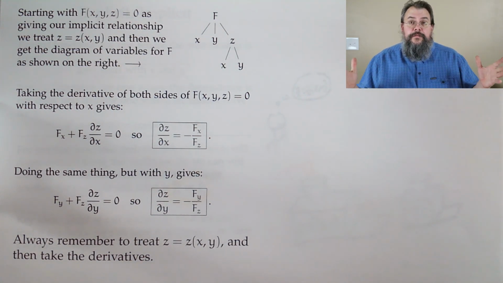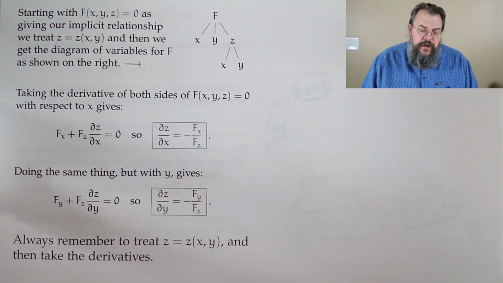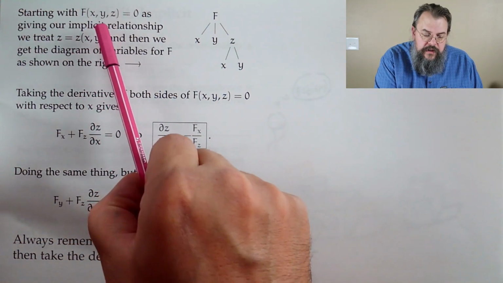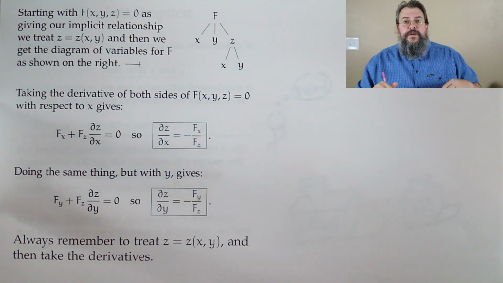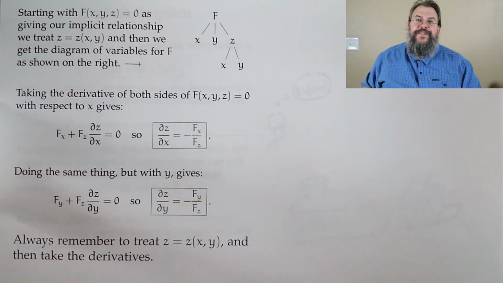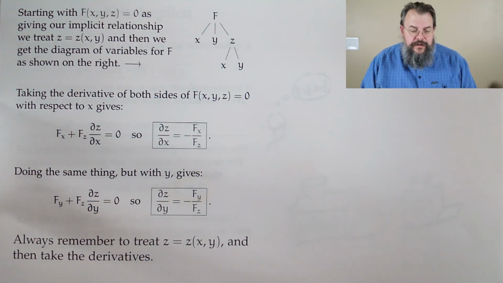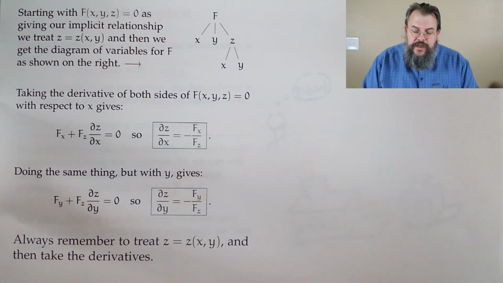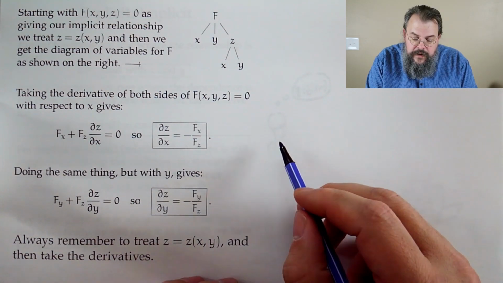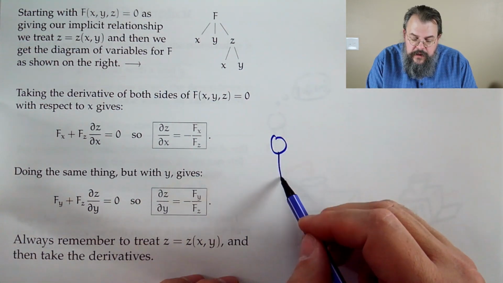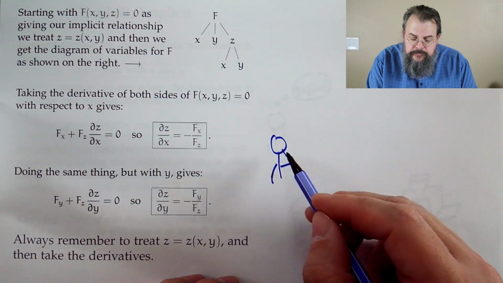So we're going to start with some equation, and let's assume that we have f of x, y, z equals 0. In other words, we just took everything and moved it across to one side. Perfectly fine, we can do that. And remember, we're going to think of z as being a function of x and y.